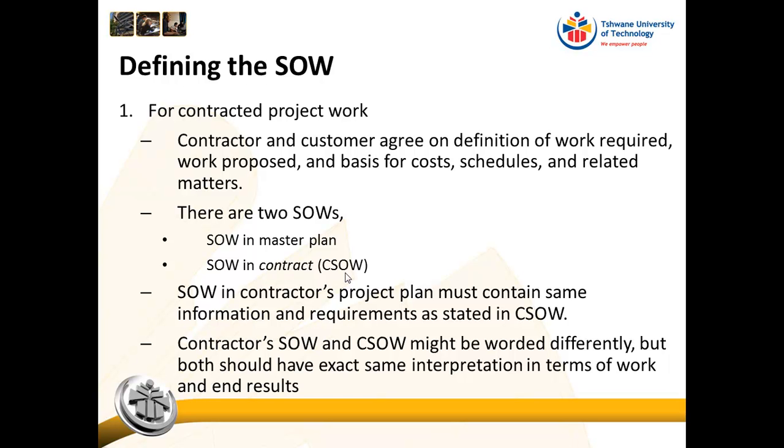And it might then include more milestones and more detail than the contract statement of work, but it will not say anything which contradicts the contract statement of work. All right, so I hope that clears up the difference between these different statements of work that we talk about.